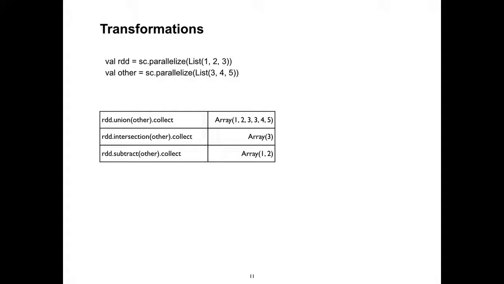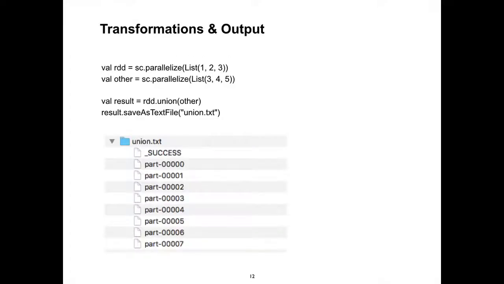The results aren't surprising. That's what we expect from unions and intersections. So here, how do you get your output?